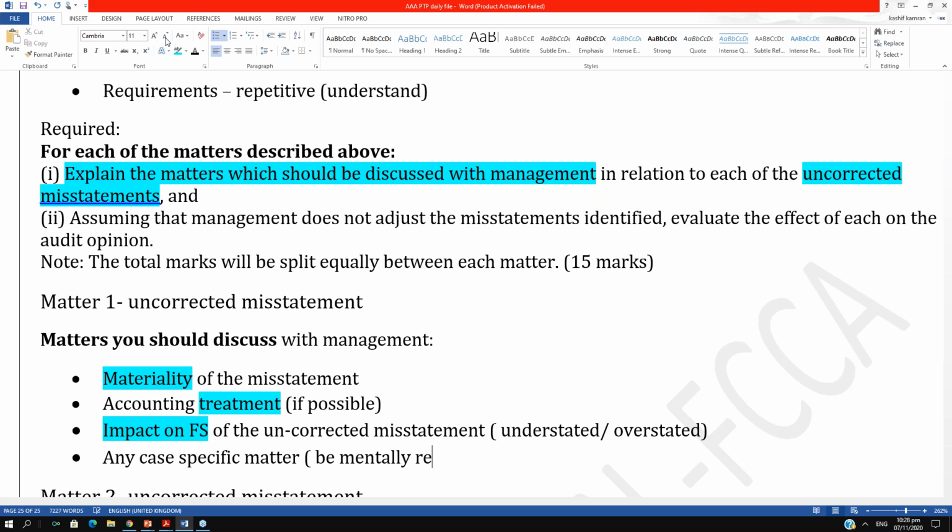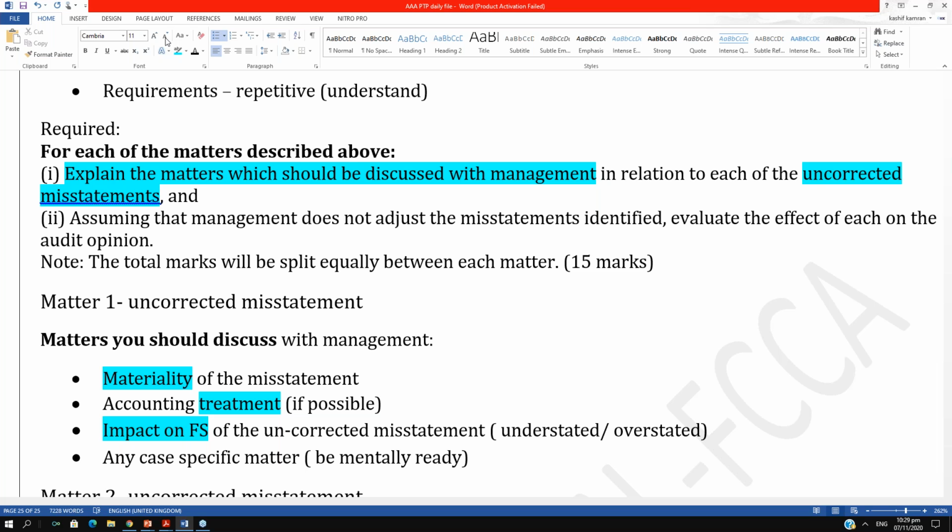You cannot just go into the exam hall with materiality, treatment, and impact on financial statement. This is rote learning. It will help you, but can there be any other matter in the case which you should discuss with management? When you read the case, you may believe, oh, this is a matter which I should be discussing with management, right?